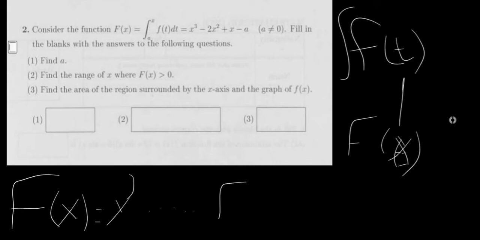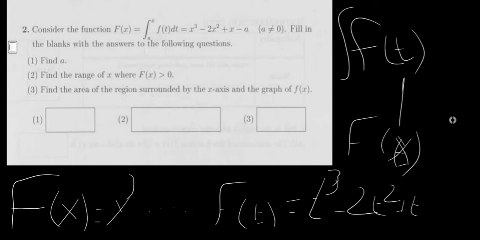But what I want to find is f of t. What is f of t? Well, f of t is t cubed minus 2t squared plus t minus a. So notice, the only thing I did is in place of x, I put t, okay?